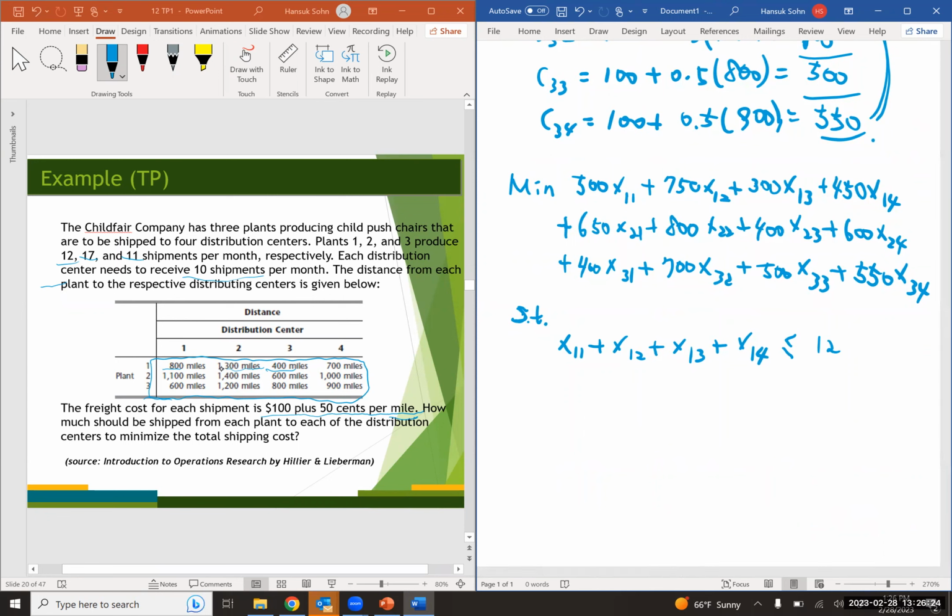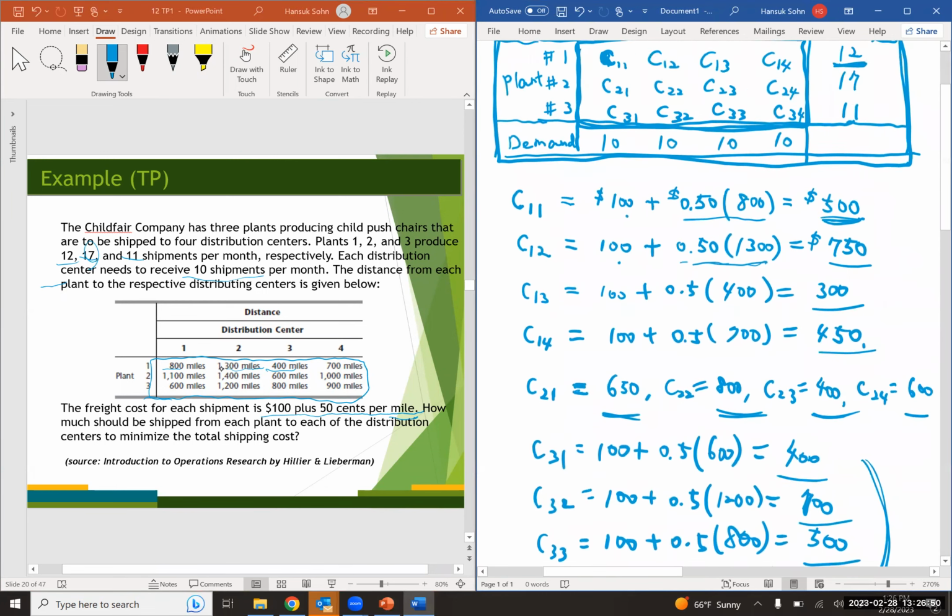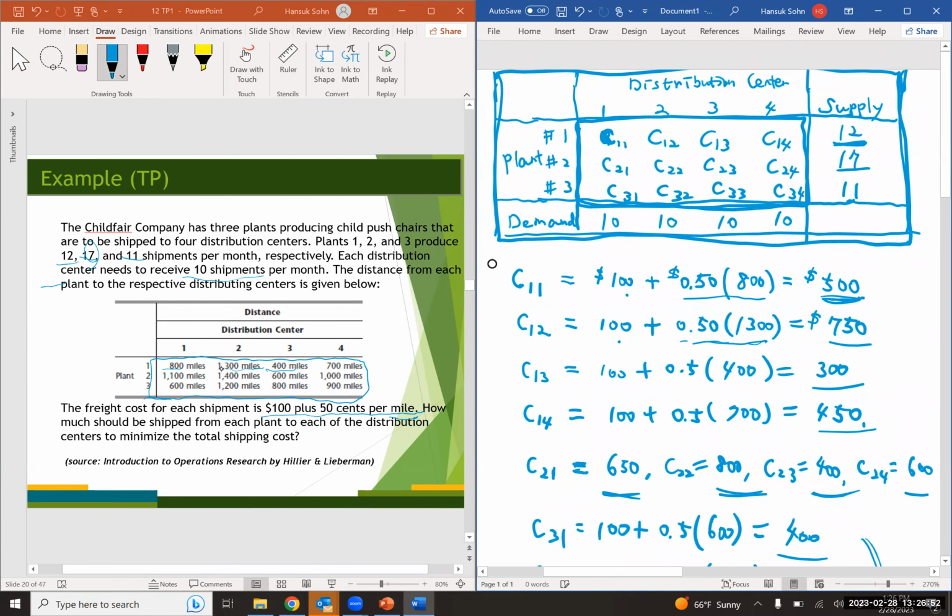For plant number 2, supplier number 2, you're going to have x21, 22, 23, 24, has to be less than or equal to 17, right? From here, or up here, 17.